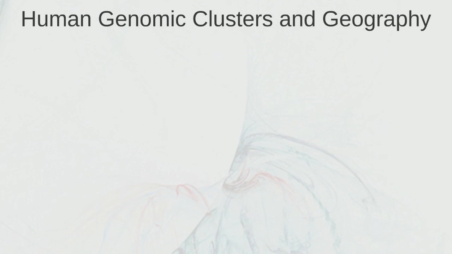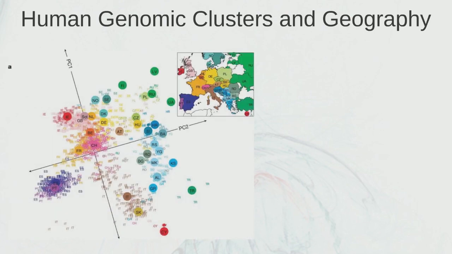Now, even though the majority of our genomic diversity is not based on continental populations, it doesn't mean that we can't see markers for those populations. There still is a few percent, 5 to 10%, that is explained by continental populations. And you can use those variants to actually map out, and this is kind of cool, a principal component analysis among some of those variants that do co-vary with continental origin.